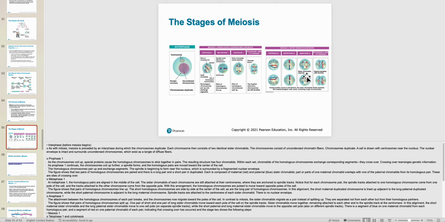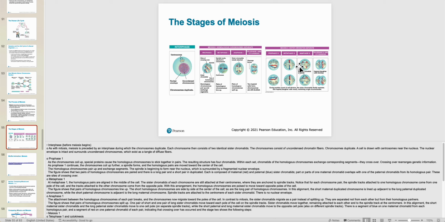And then we have meiosis 2, which is basically, in essence, like mitosis. So meiosis 2 is where we're going to have four cells split up eventually. And yes, there is cytokinesis here. Notice the author does say telophase followed by cytokinesis.